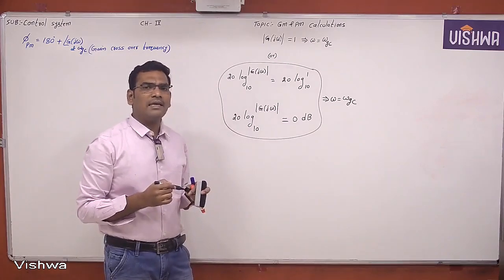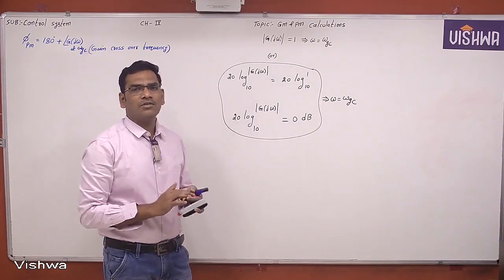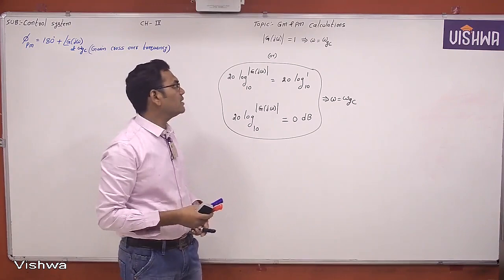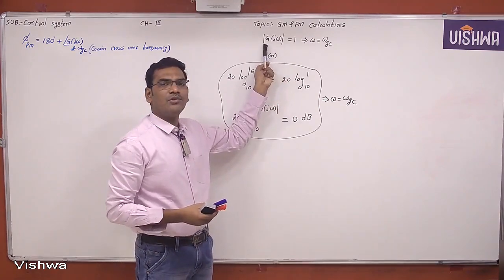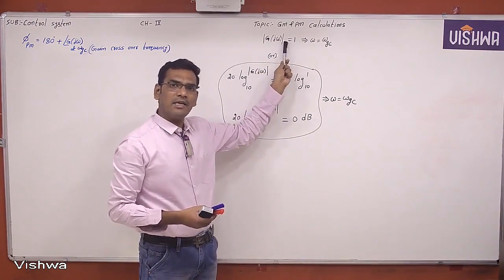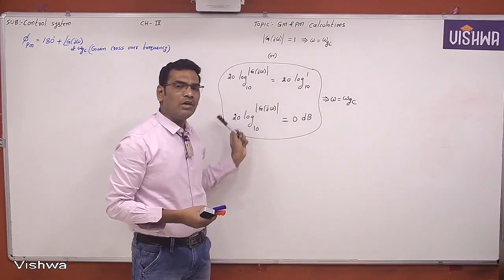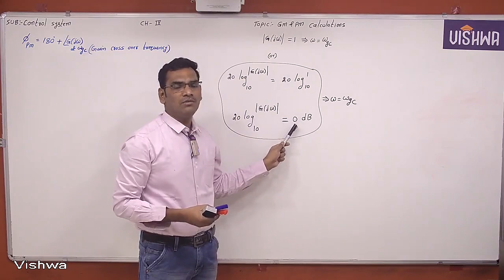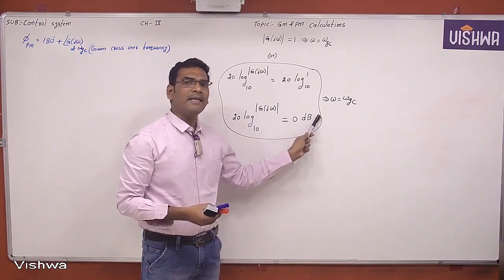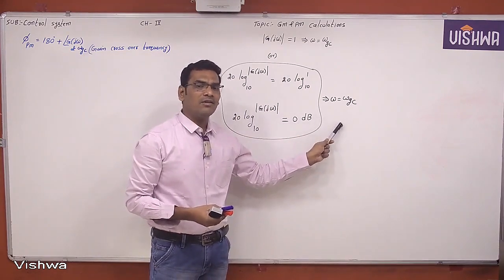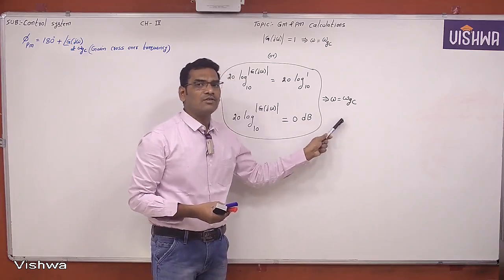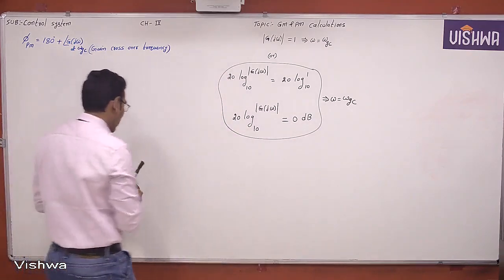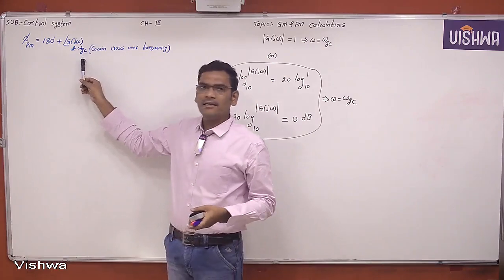Students, note down what the gain crossover frequency is. The gain crossover frequency is the frequency at which the magnitude of the open loop transfer function is equal to 1, or the magnitude in terms of dB is equal to 0 dB. Then that particular frequency is called the gain crossover frequency.